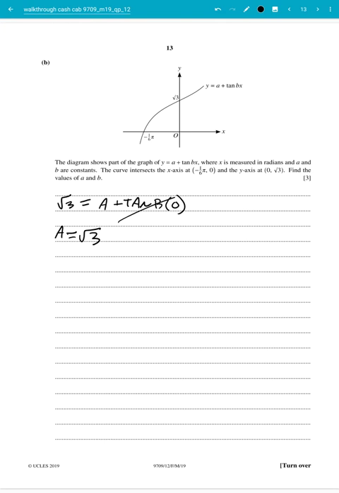So 0 is going to equal square root of 3 plus tan of negative b pi over 6. So negative square root of 3 equals that.